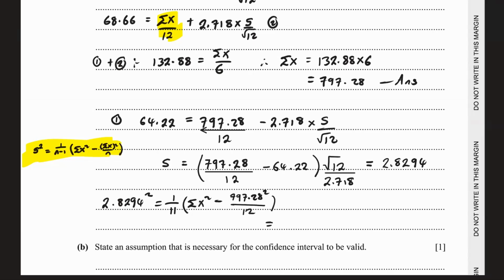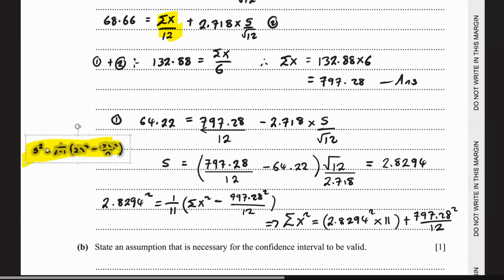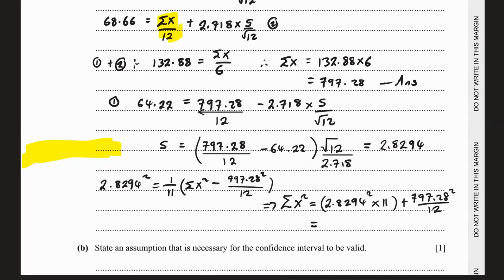So this means that we can find the sum of squares of x. That's going to be 2.8294 squared times 11, plus 797.28 squared over 12. So that's how we're going to find it. I'm just going to create a bit of space here. This is going to give us the sum of squares of x, and I'll use my calculator for this.